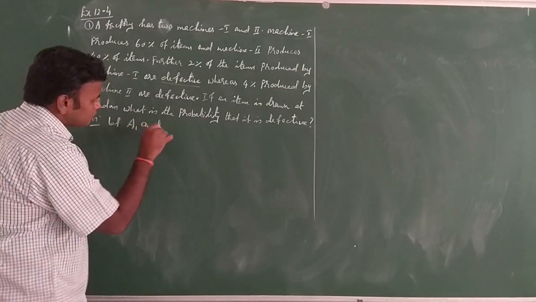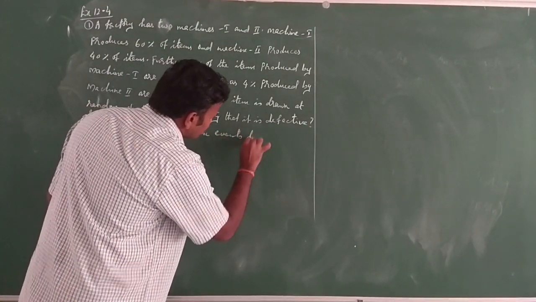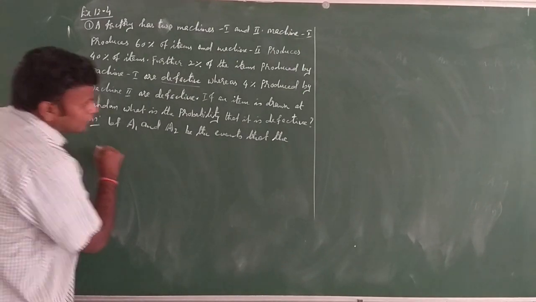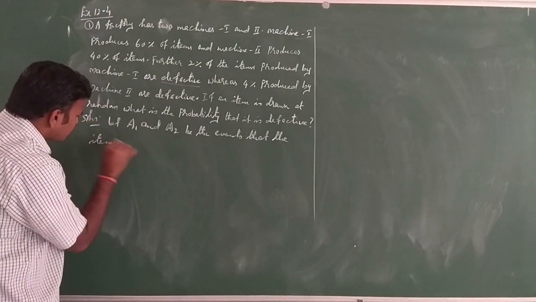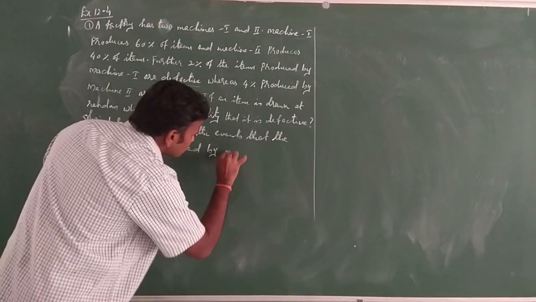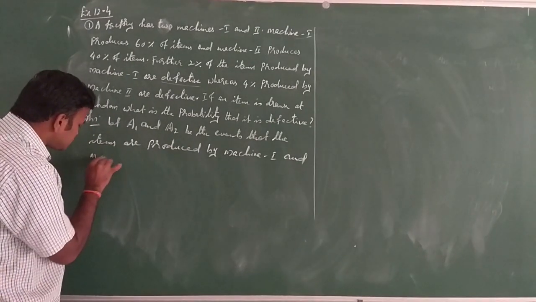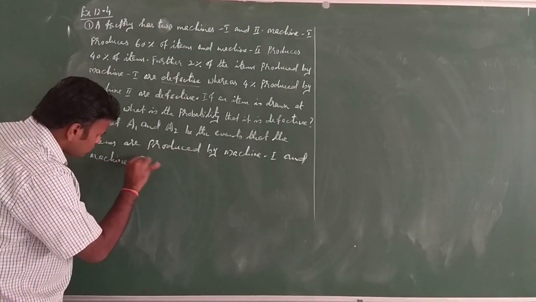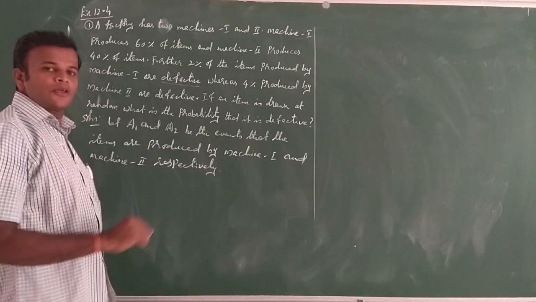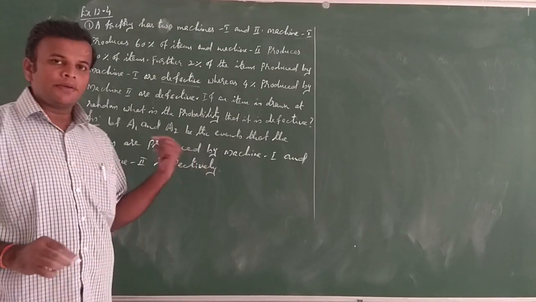Let A1 and A2 be the events that the items are produced by machine 1 and machine 2 respectively.